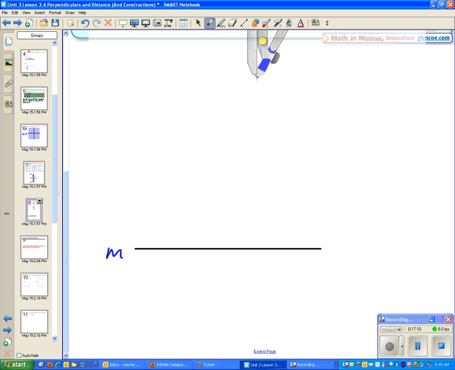Use your straight edge again and construct a line that goes through M, and this line is going to be a transversal between line M and then the line that's parallel to it that we're going to construct. Doesn't matter what kind of angle you form there, just make one.